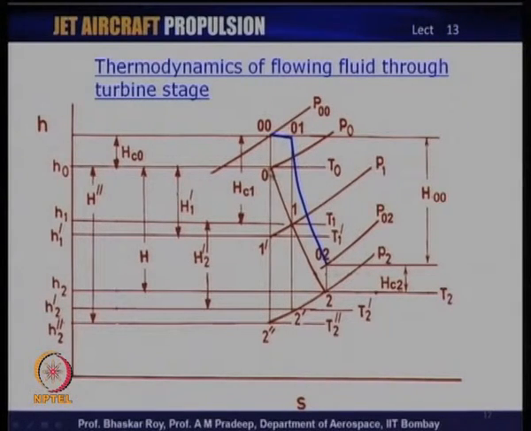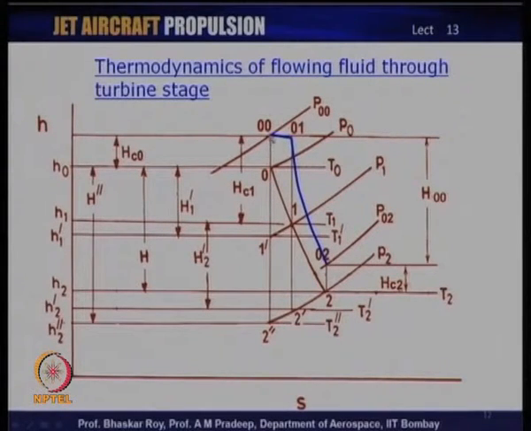So, it has moved from 0 to 1 on the static map. So, 0 1 2 is your static head HS diagram. We are now showing an HS diagram, which as we have discussed before is similar to a TS diagram. And so, we have moved from 0 to 1 to 2 on static parameter.